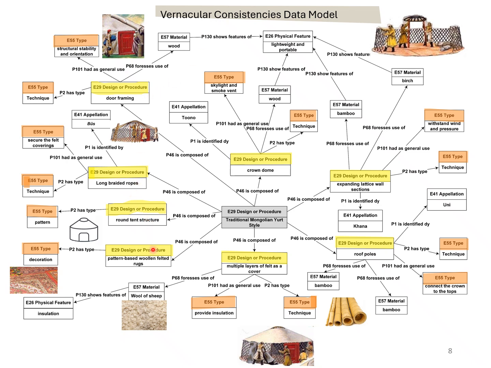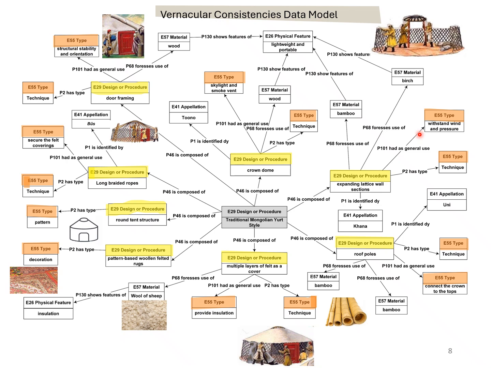These instances are classified with the class E55 and are related to the corresponding style through the property P46 is composed of. In the case an instance of the class E29 design or procedure represents a technique, this instance is connected to a functionality through the property P101 has as general use.